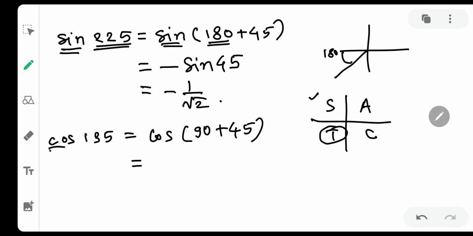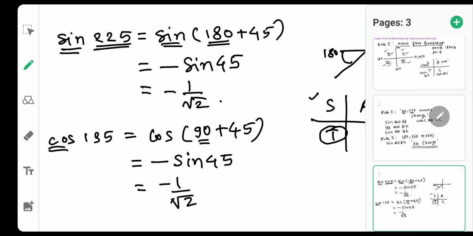That means cos 135 should be negative. Then we see 90 degree. So rule number 2 says that there will be change. So cos will become sine and there you have 45. So again we have minus sine 45 and our answer will be minus 1 by root 2.